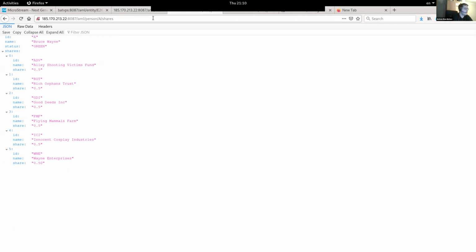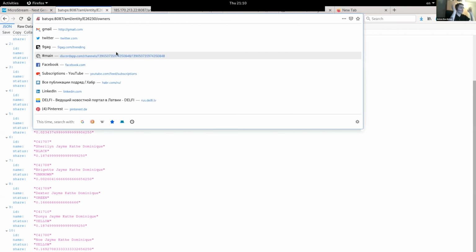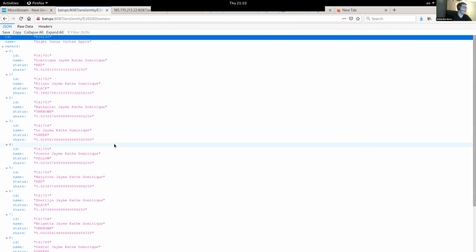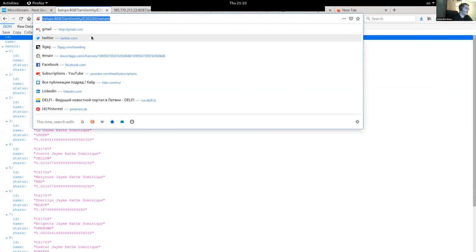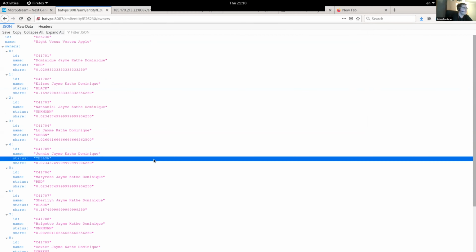I actually had to keep imaginary references because I don't know any real companies or any real owners. I don't have access to this kind of data, and I wouldn't put it online. Also, I generated a bunch of random companies and numbers. They're all companies named with E and a number, all the persons named with C and a number.